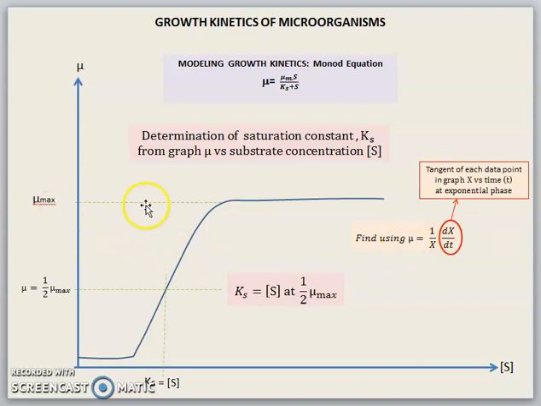Then you identify the mu max value. After that, find the half mu max, and later from the graph you may be able to identify the Ks value, which is equivalent to S at the value of half mu max.